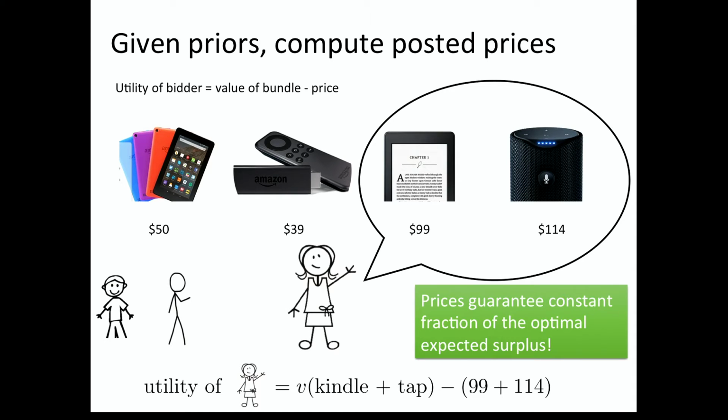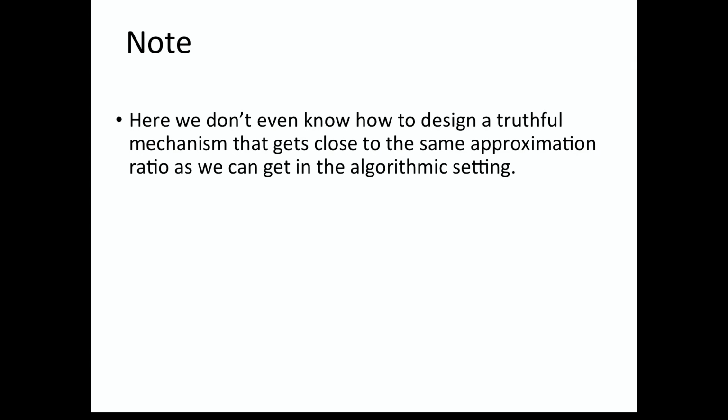And these prices guarantee a constant fraction of the optimal expected surplus. Okay? So this is a really nice result that gives a very simple mechanism that doesn't care what order the bidders come in. It's awesome.